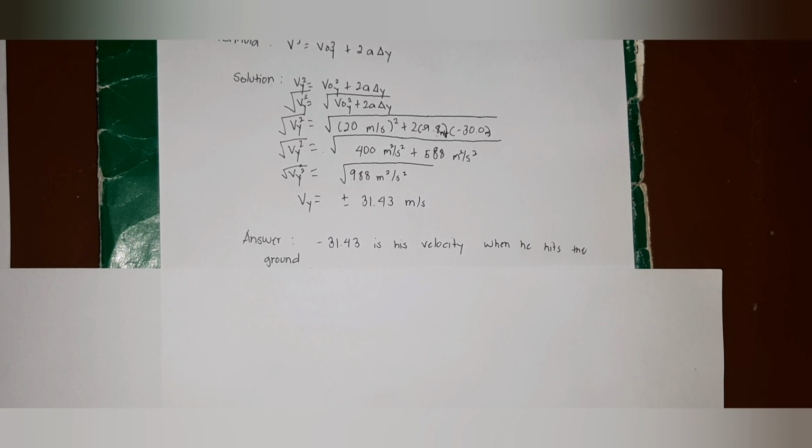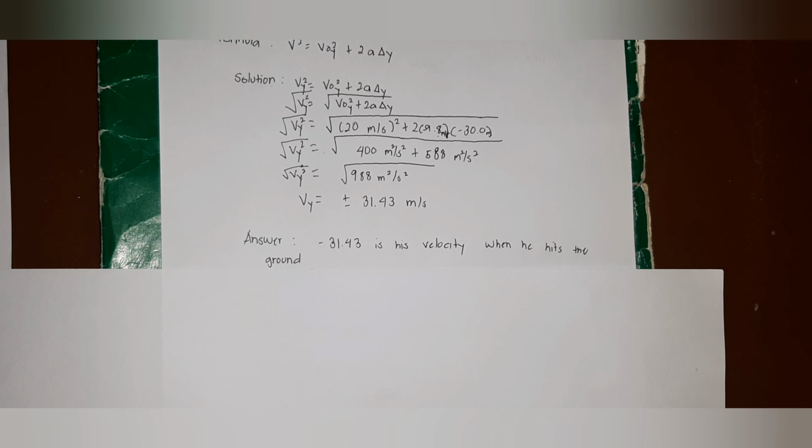So we will substitute the values and we will get the square root of final velocity y squared equals the square root of 20 meters per second squared plus 2 times negative 9.8 meters per second squared times negative 30 meters. The value of 20 times 20 is 400 meters squared per second squared.